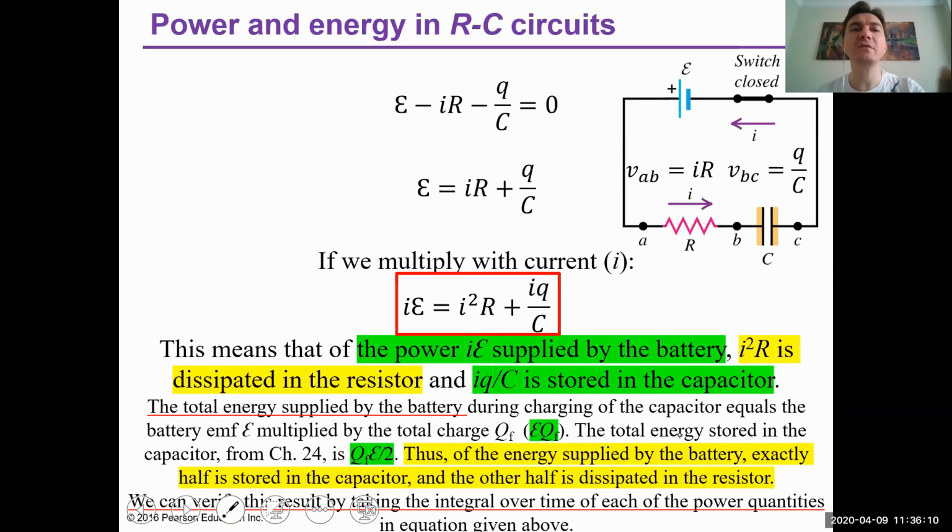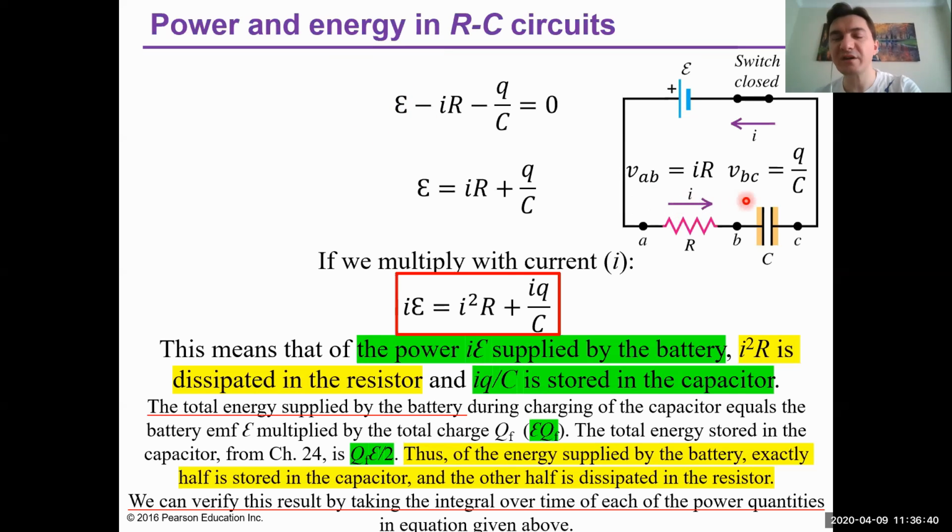So now let's talk about power and energy in RC circuits. During the charging, we have EMF, resistance and a capacitor here. If you apply Kirchhoff's loop rule, we have already got that equation. This is the EMF, this is the direction of the current, the direction of travel. If you go through the EMF from negative to positive, then this is positive.